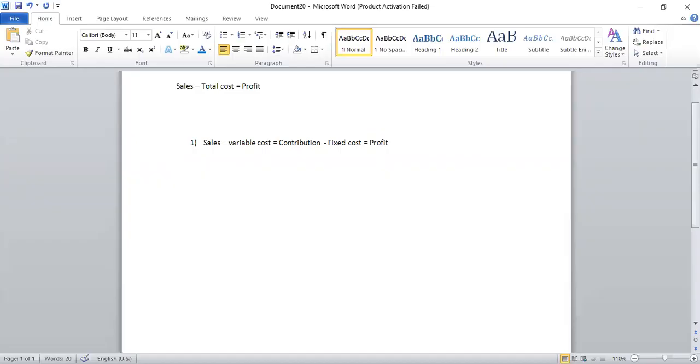The second one says we call it contribution by sales margin, or the Indian version of it, very famous, that we understand to be contribution by sales margin, or we call it PV ratio, profit volume ratio, is equal to, the formula is contribution by sales into 100.